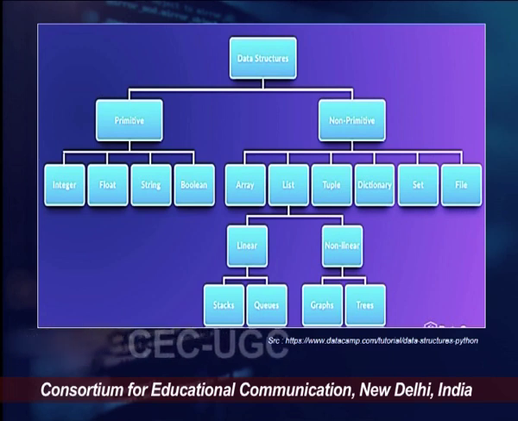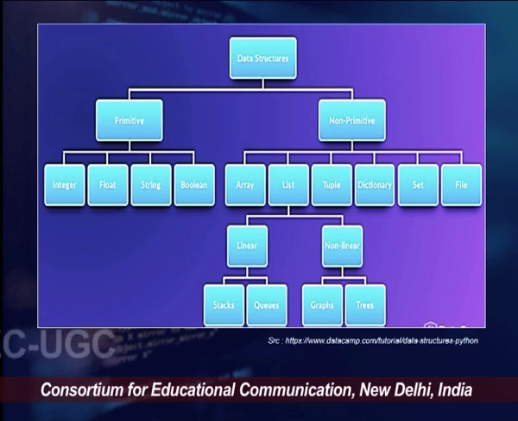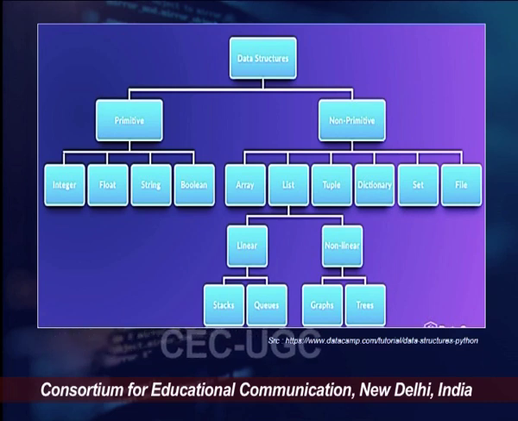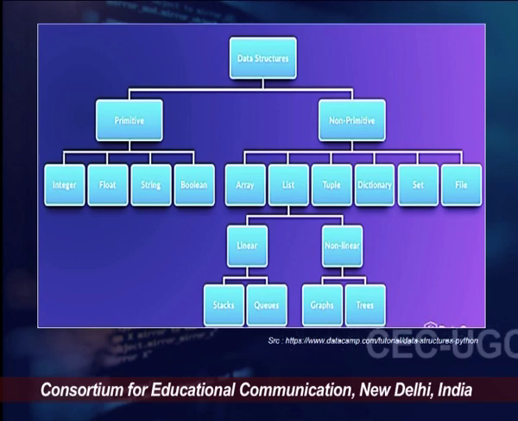So in primitive, of course, we have the integer, we have the floating point, we have the string, and we have the Boolean kinds of data. About these four kinds of data we had discussed in the previous lecture also. Just a quick recap: integers are for whole numbers or integer values. Floating point are for decimal numbers, which have a decimal point.